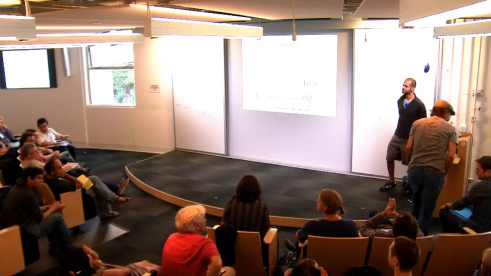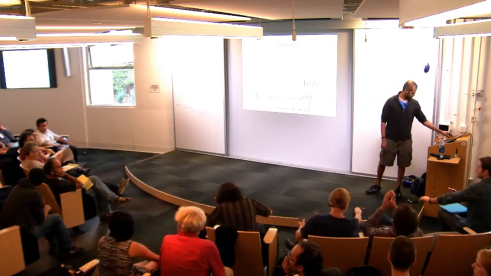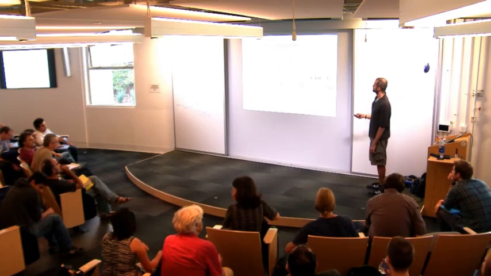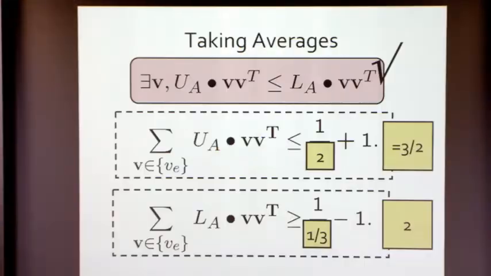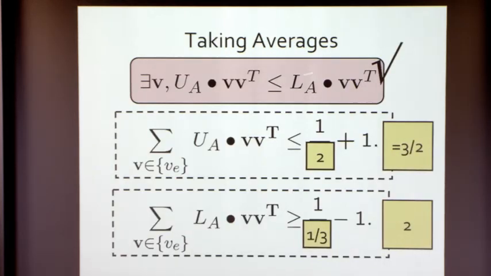Yeah. So what is the actual algorithm? Because your proof is based on the potential functions. Yeah, the actual algorithm is not very hard. In every step we need to show that there exists a vector with some scaling so that neither potential increases, and that was reduced to finding a vector for which this inequality of quadratic forms holds.